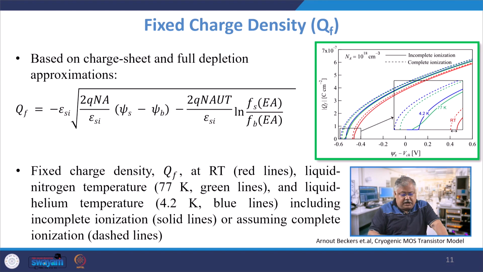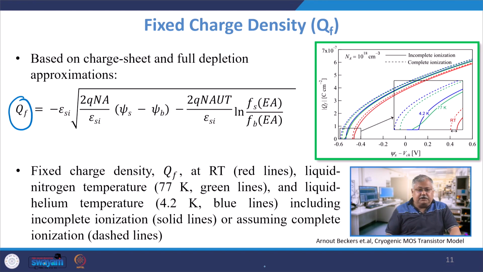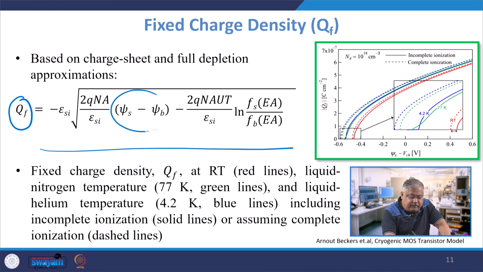We do not have to go into details of this, but this gives you the fixed charge based on the charge sheet approximation and full depletion, and as you can see it is a function of the difference of the surface potential and the bulk potential to a larger extent, right. And the same expression which we saw earlier, now we are doing the fixed charge with respect to psi s minus psi f. So, that was a mobile charge, now we are doing fixed charge for both incomplete as well as complete ionization, and we are keeping the acceptor ion concentration at 10 to the power 18.